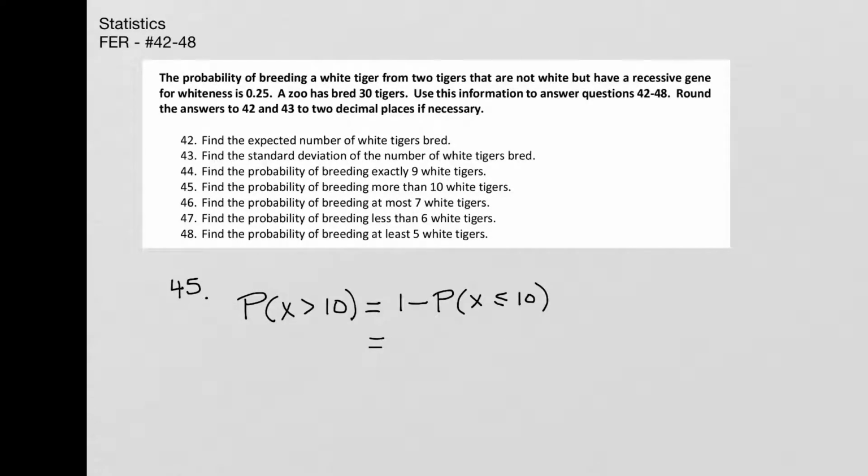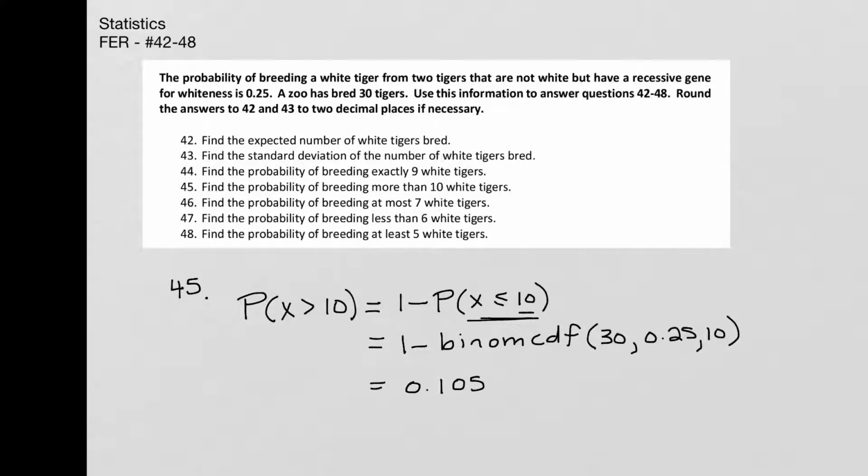And so I can calculate this using the binom CDF function, because this is a range of values, not just a single individual value. So we have 30, 0.25, and then the upper limit is 10, so I put in 10. And I get 0.1058, rounded to 4 decimal places.